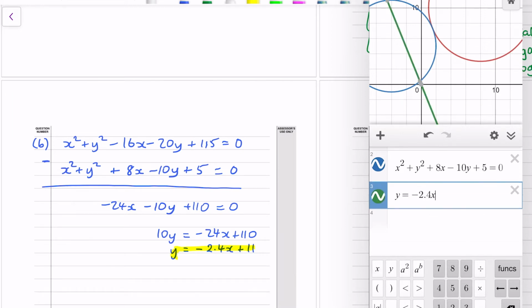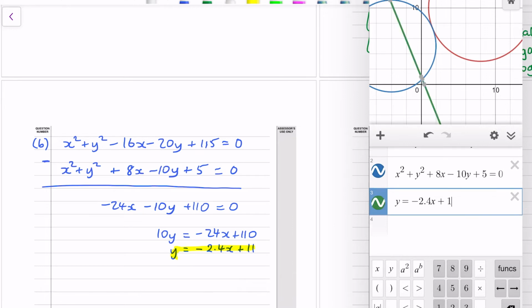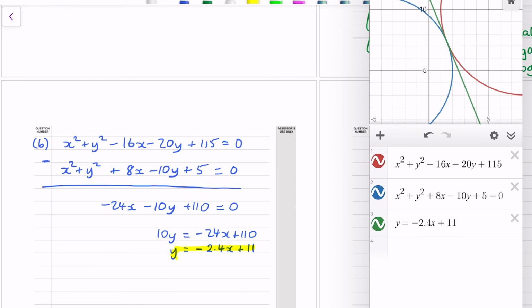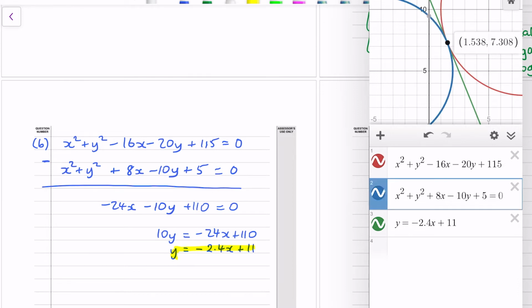If you wanted to do this on your graphics calculator, you would need to make y the subject of both the circles to be able to put them into the graph part. You could use the conics area, but you can only do one circle at a time if you do. But it's the tangent. Turns out that line there is the tangent of the two circles. It doesn't prove that the circles are touching though.